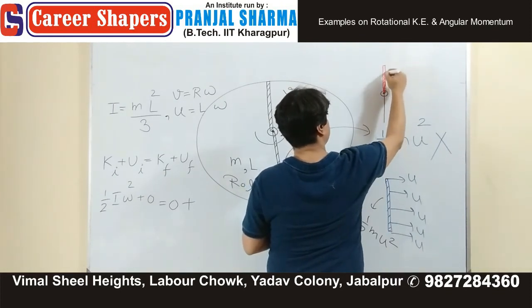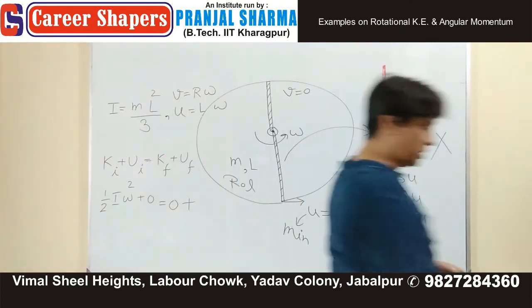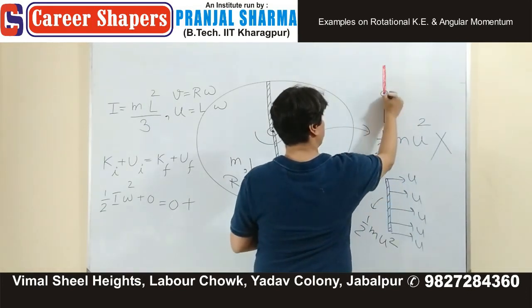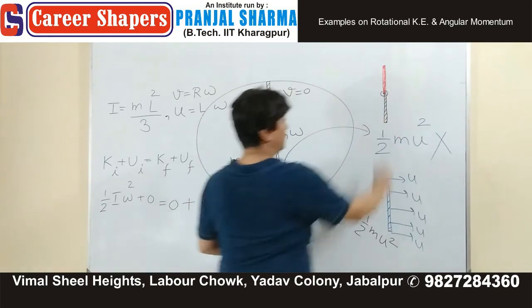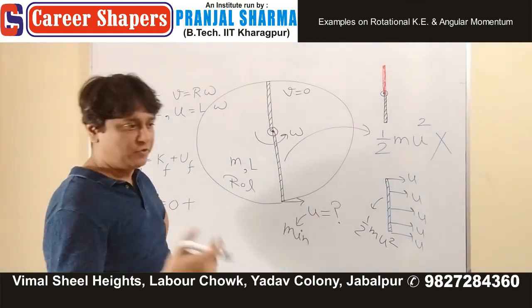Just so that you can easily see, this is the red for the final top position, and this is your initial position shown in black. If you can see it, if you cannot, no issue.